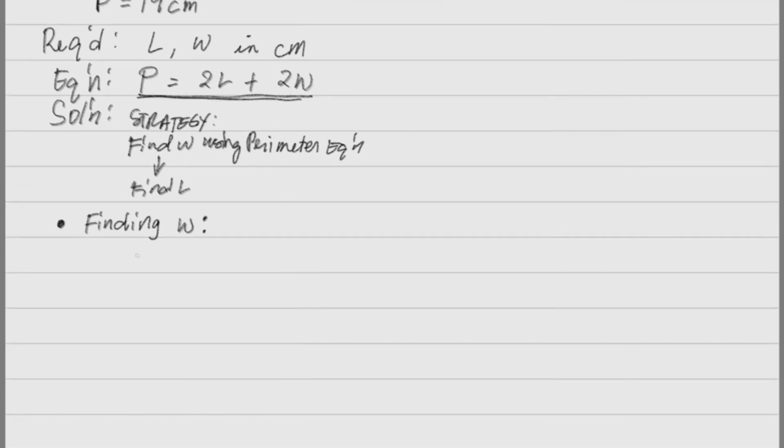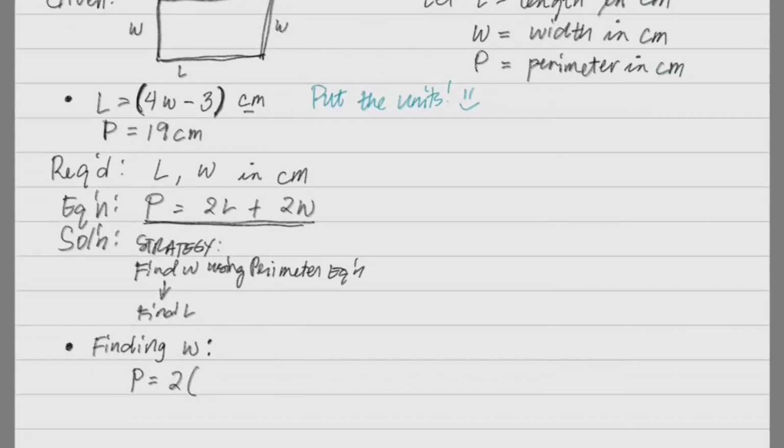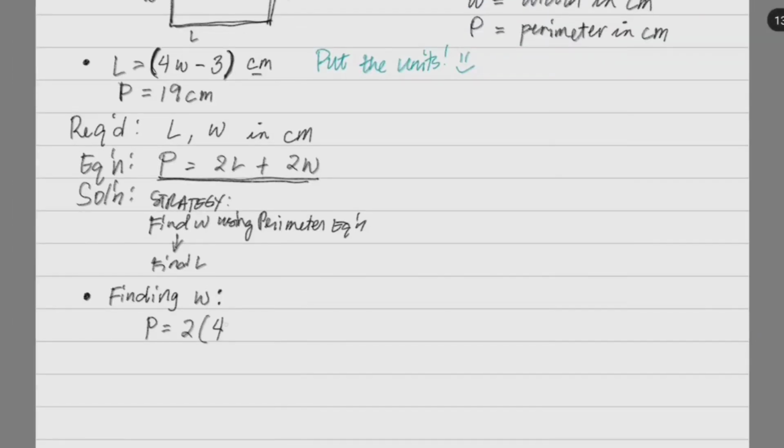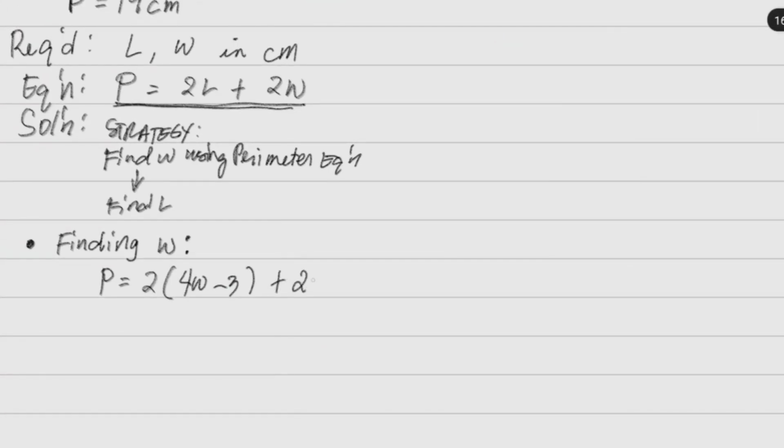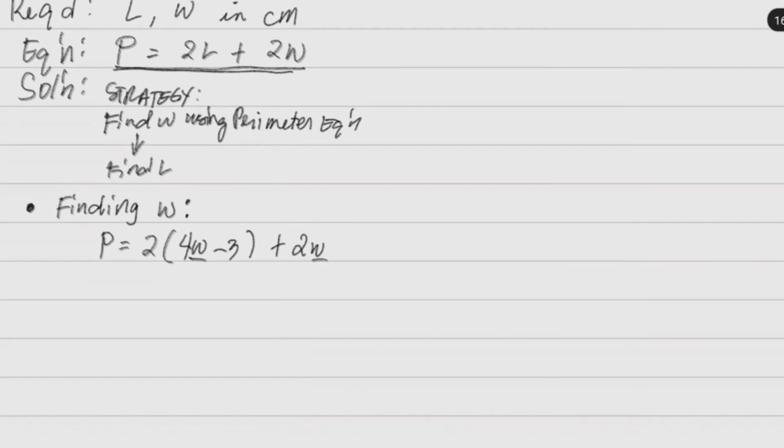solution. So again, we will just substitute the equation for the length. So that's 4W minus 3 plus 2W. See here that we have W's, and it will just be easy for us to find the value of the W, of the width rather. So distributing, that's 8W. Oh, we forgot something here.